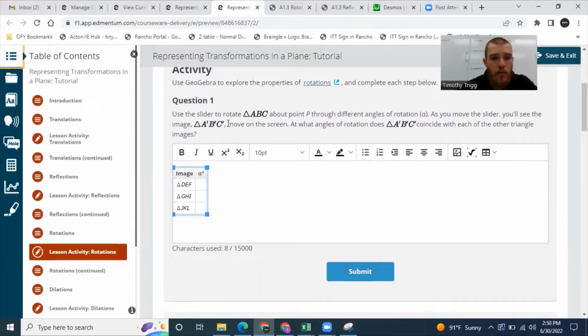Use the slider to rotate triangle ABC around point P through different angles of rotation, alpha. As you move the slider, you'll see the image A prime, B prime, C prime move on the screen. At what angles of rotation does triangle A prime, B prime, C prime coincide with each of the other triangle images? That was a mouthful, but it's actually not too bad.